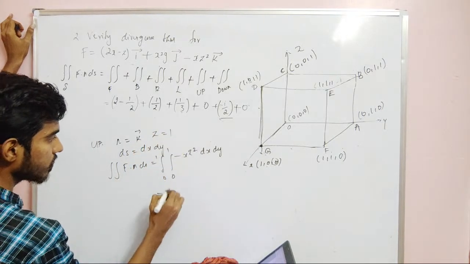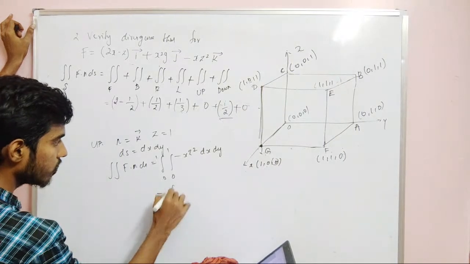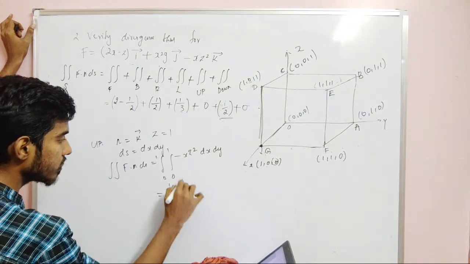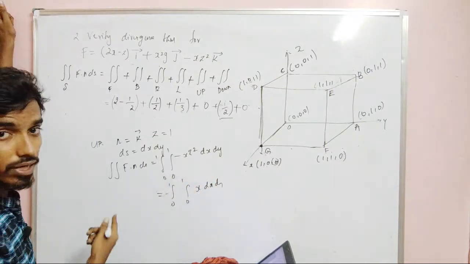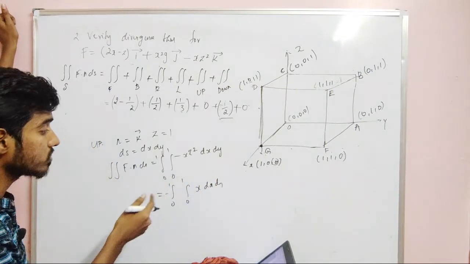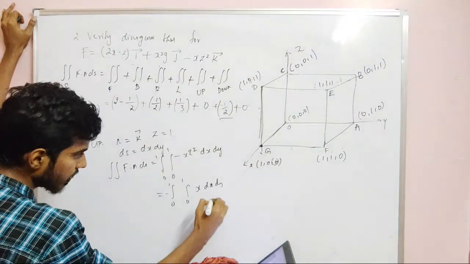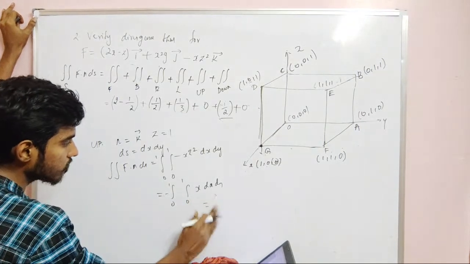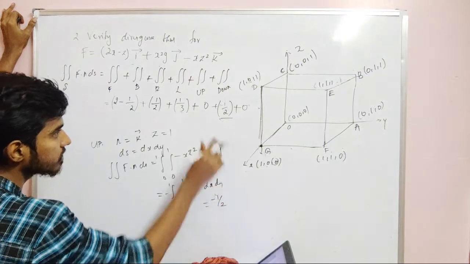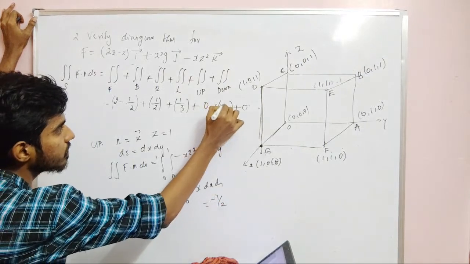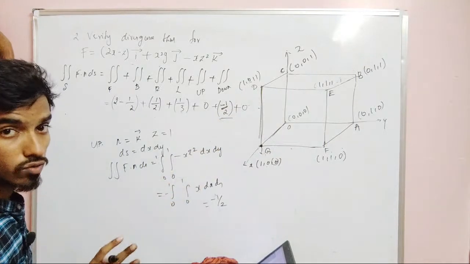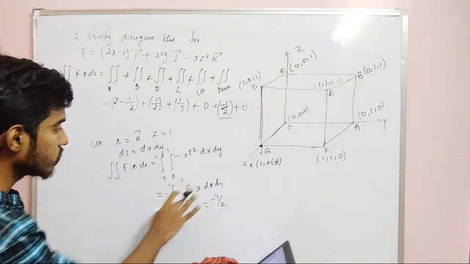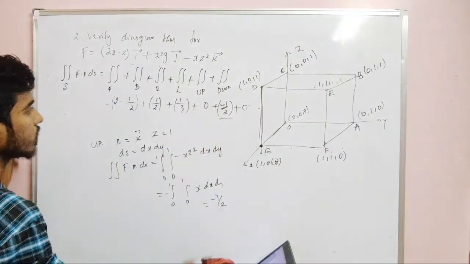Actually I have written some mistake. So it will be minus integral 0 to 1, integral 0 to 1 x dx dy. It is not x square. When I was finding the value for up, I made a mistake and wrote x square by mistake. So it is x dx, which gives x square by 2. So the answer is minus 1 by 2, not 1 by 3.